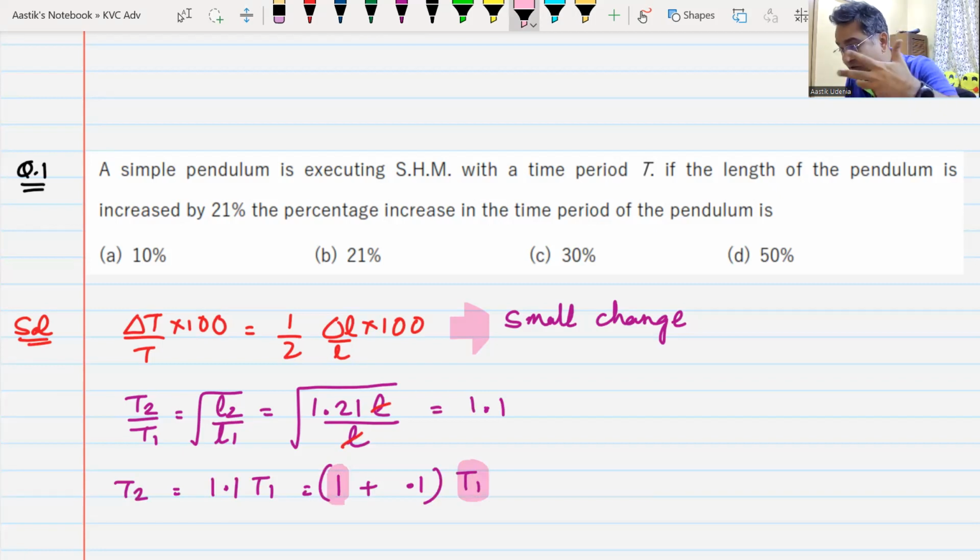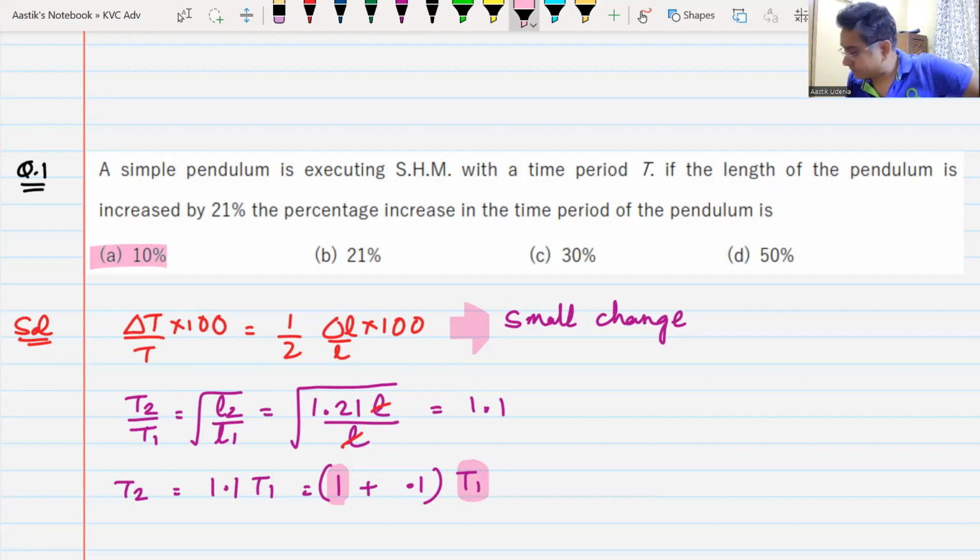So how much has it changed? It has increased by 0.1 times T1, and 0.1 times T1 is 10% of T1, and therefore the increase in the time period is 10%. Do we understand this? Yes, sir. That is how it has to be calculated. If the percentages are large, it has to be calculated in this way.